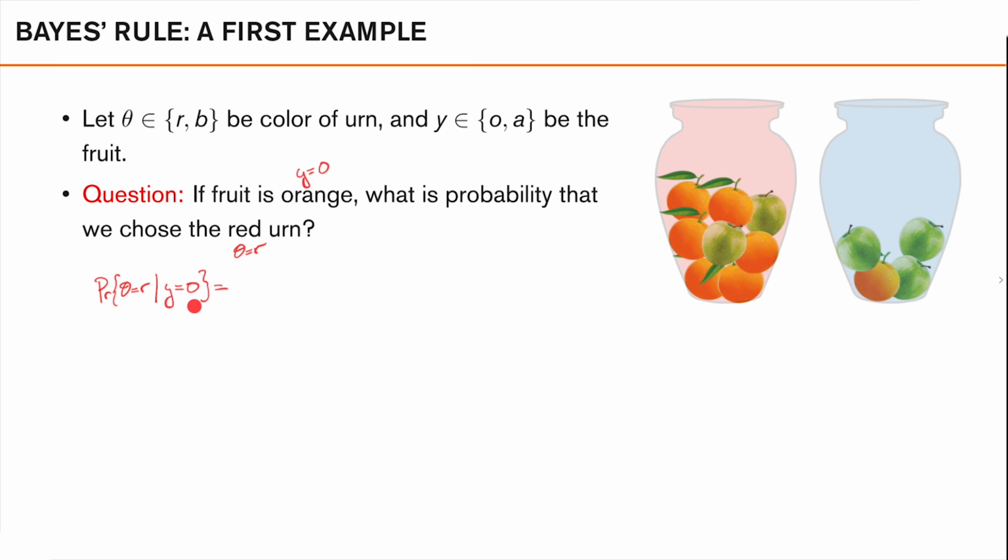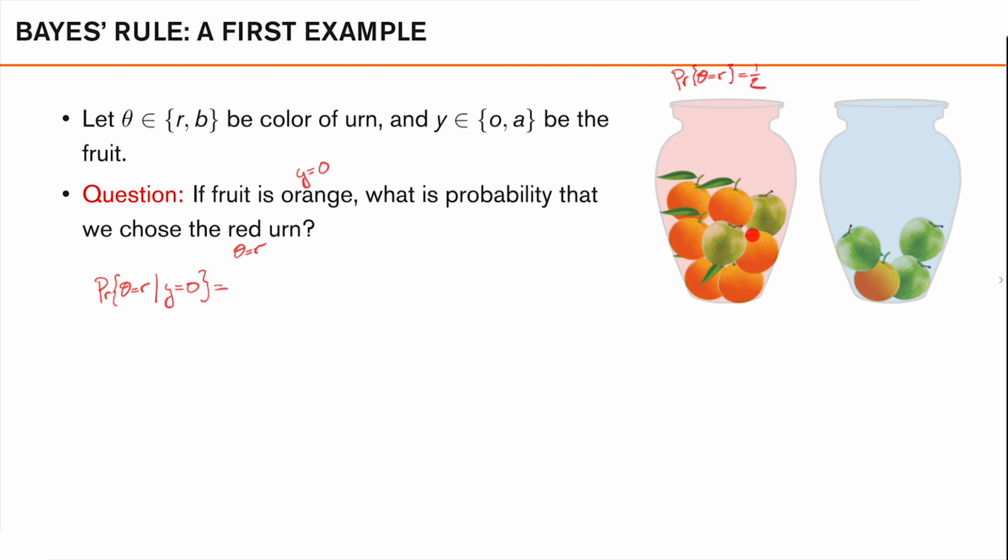Now, we're not able to calculate this probability directly from what we know. However, without making any observations, we know that there's a 50% chance that we have chosen the red urn. So the probability of theta being R is equal to 1/2. And also, if we know that we picked the fruit from the red urn, we can calculate the probability of being an orange, as we see that there are 6 oranges in the red urn and 2 apples.